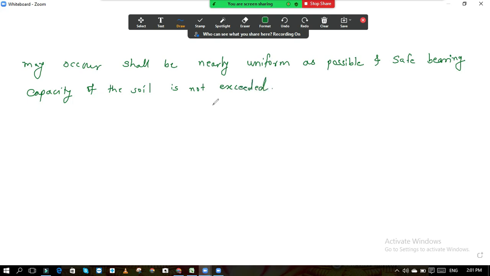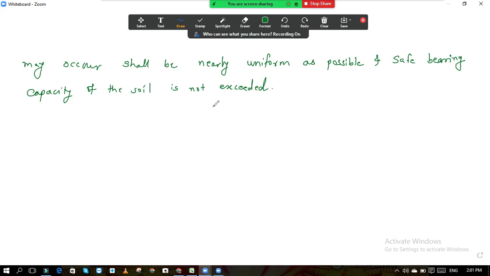So whatever is the load coming from the column and whatever stresses developed in the footing, those should be less than the SBC of the soil, so that there will not be any settlement or any other issue regarding safe load transfer.